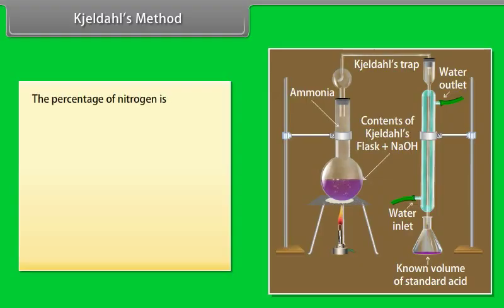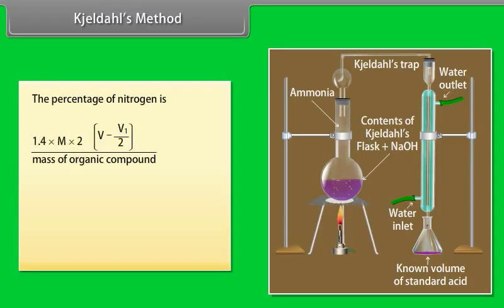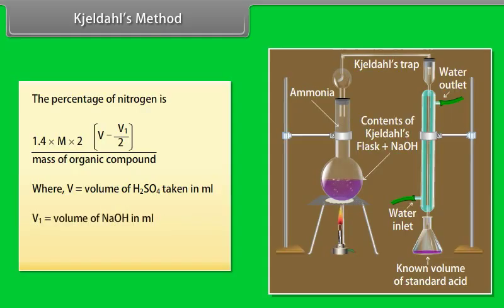The percentage of nitrogen is 1.4 × m × 2 × (V − V1/2) divided by the mass of organic compound, where V is the volume of H2SO4 taken in milliliters, V1 is the volume of NaOH in milliliters, and m is the molarity of H2SO4.